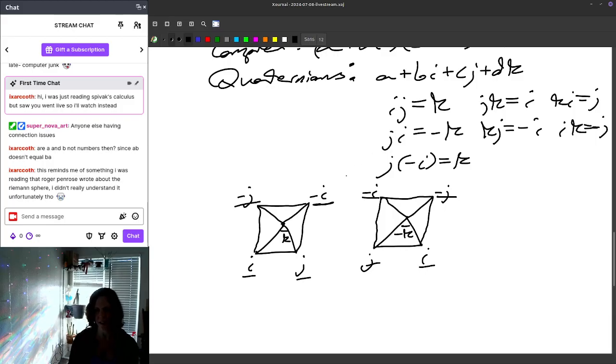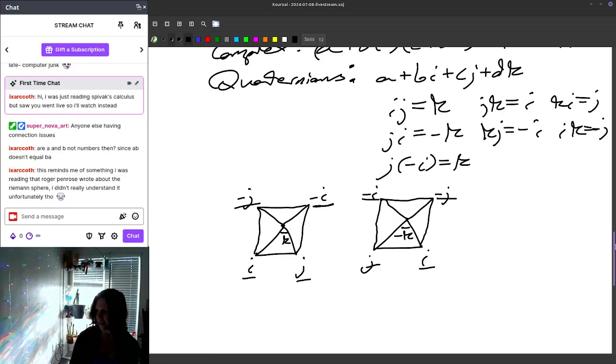I actually am not super big on quaternionic analysis myself, so I'm not really sure of the benefits of doing that. But it's definitely a thing. I wouldn't be surprised if there was a version of the Riemann sphere for these as well that people actually found useful. I just don't happen to know anything about it myself.